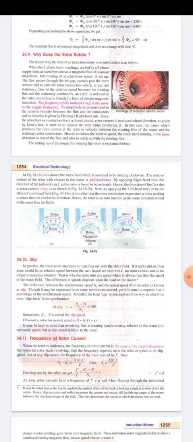The flux passes through the air gap, sweeps past the rotor surface and so cuts the rotor conductors, which as yet are stationary. Due to relative speed between the rotating flux and the stationary conductors, an EMF is induced.